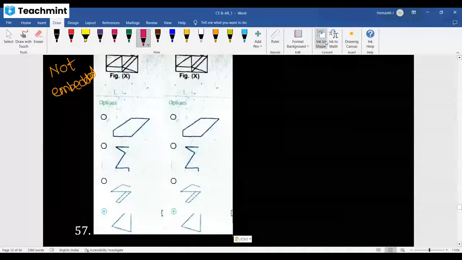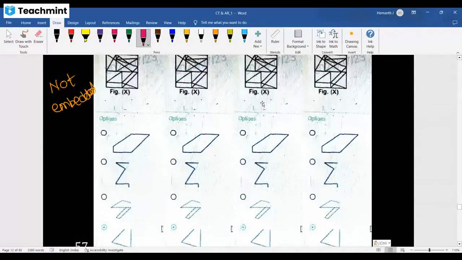I know I repeated the same question one by one. Okay, I'll show where this is available.